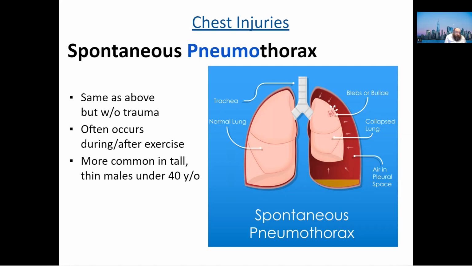I've seen a few of these, and it's pretty cool when you can nail the diagnosis. So, tall, skinny, in their 20s, they had no bang, no accident, nothing that they can say caused the problem for them. But they do have difficulty breathing.